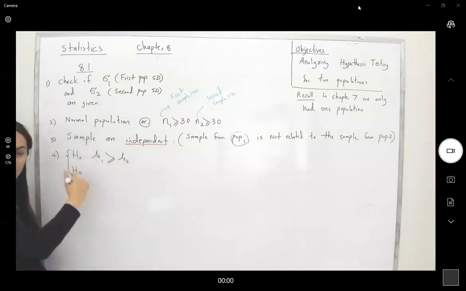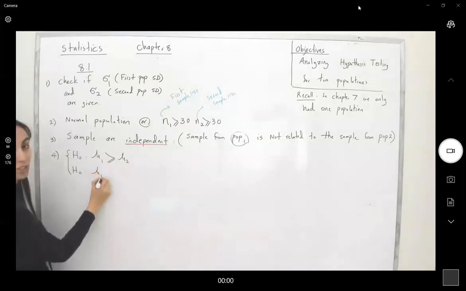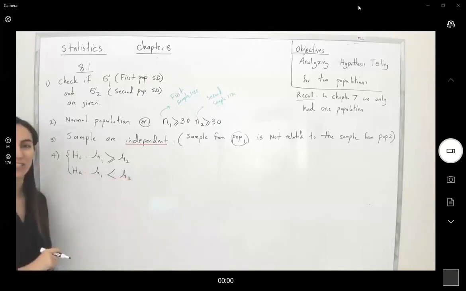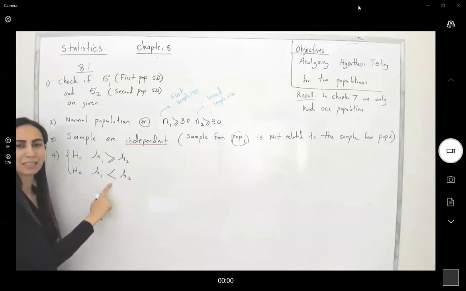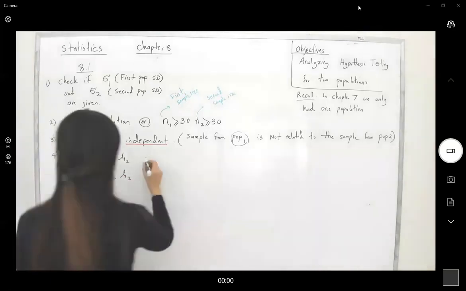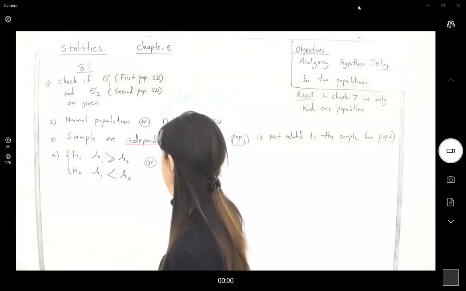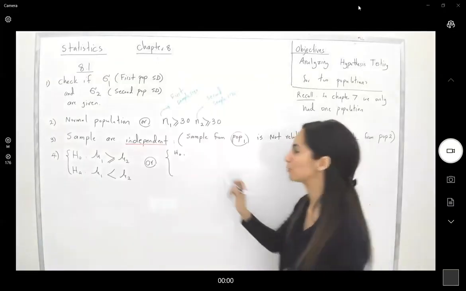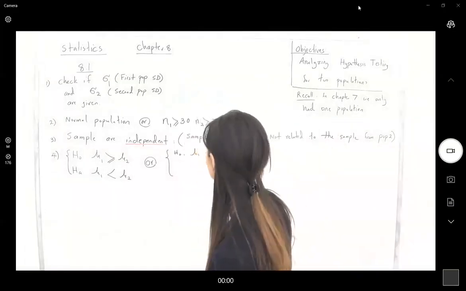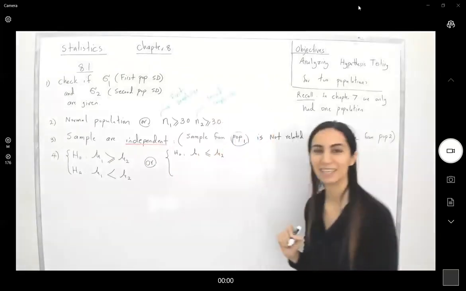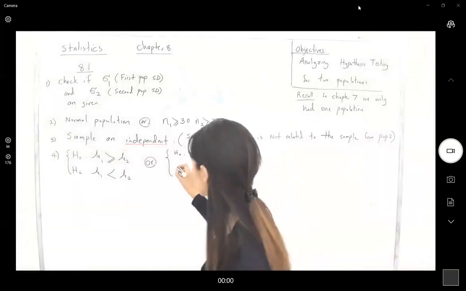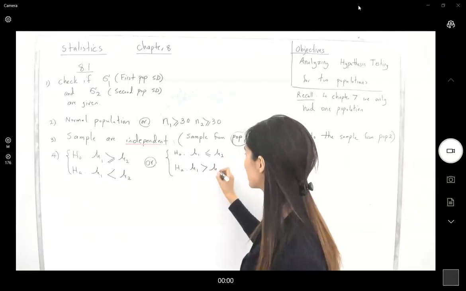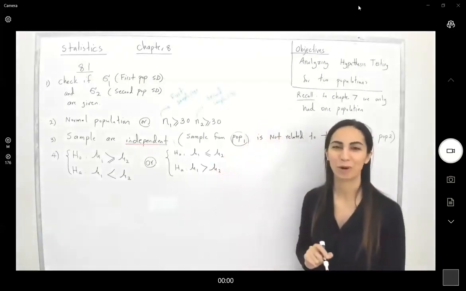Its complement: the mean of the first population is less than the mean of the second population. Less than means that we have a left-tailed graph. Or your null hypothesis says the mean of the first population is less than or equal to the mean of the second population. Its complement: the mean of the first population is greater than the mean of the second population.